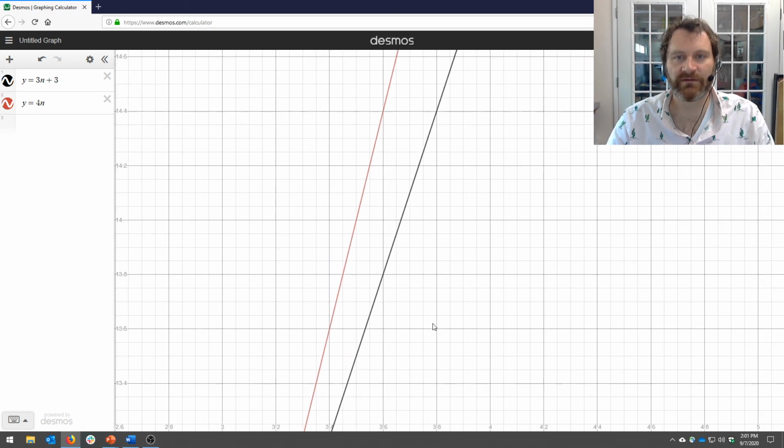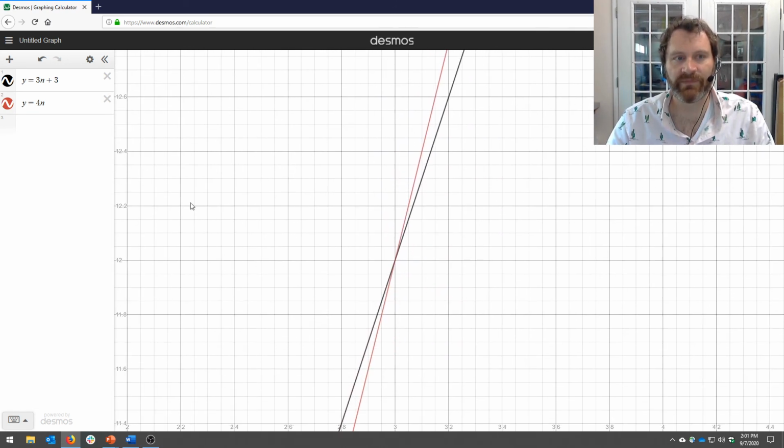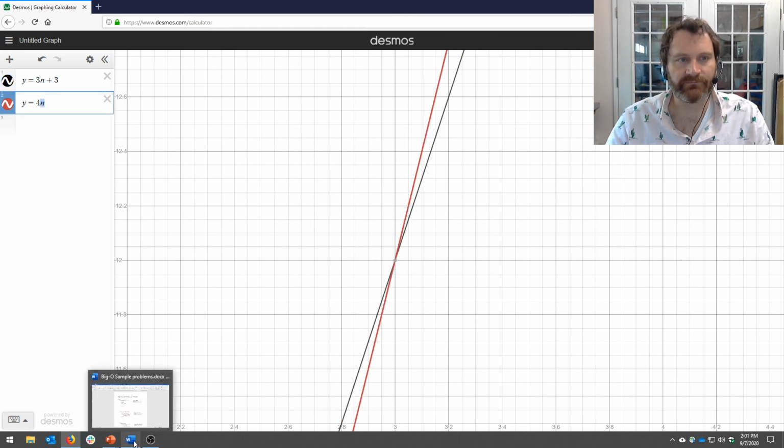The black line will never catch up to it. Because we were able to find this c and a point where they cross, we can say that this function is big O of n.